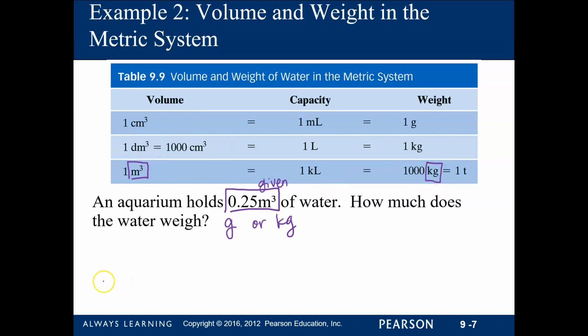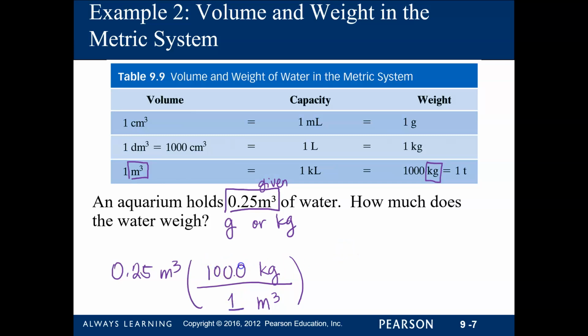We can use dimensional analysis with 0.25 cubic meters and our conversion factor. Since we are given cubic meters here, we will put kilograms on the numerator. The values are 1 for cubic meters and 1,000 for kilograms.